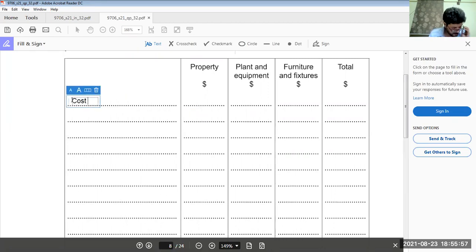Now cost on 1st January 2020. See, in our previous question, we calculated the total value through the turnover. We calculated 384,000.